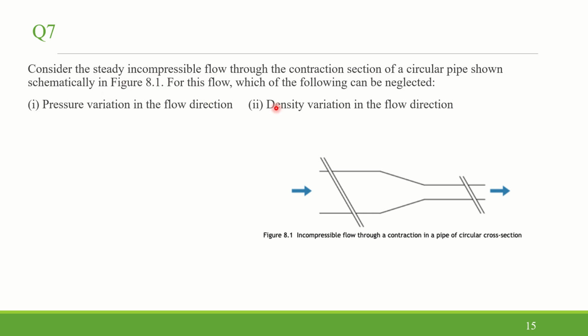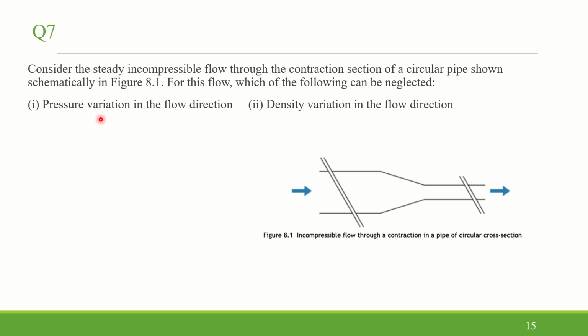I am not talking about compressible flows. In compressible flows, density variation will be there, especially when we are talking about the contracting section of the circular pipe, whereas the density variation is less even though it is in the contracting section of the circular pipe, because the flow is the incompressible flow. So density variation can be neglected, whereas pressure variation we cannot neglect because pressure will be high at one point and at the other end it will be very low.